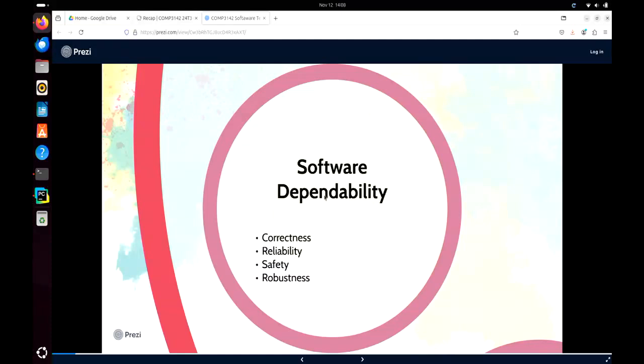And we revisited these concepts when we learned when to stop testing. We need to make sure that our software is reliable, so we could have some measurements for reliability. So this is software dependability.